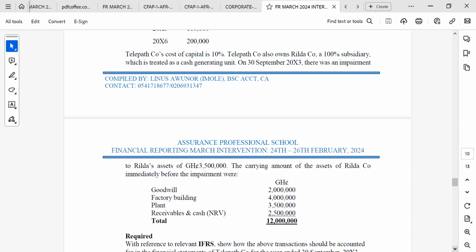The carrying amount of the assets of Realda company immediately before the impairment were goodwill 2 million, factory building 4 million, plants 3,500,000, receivables and cash 2,500,000. Required.